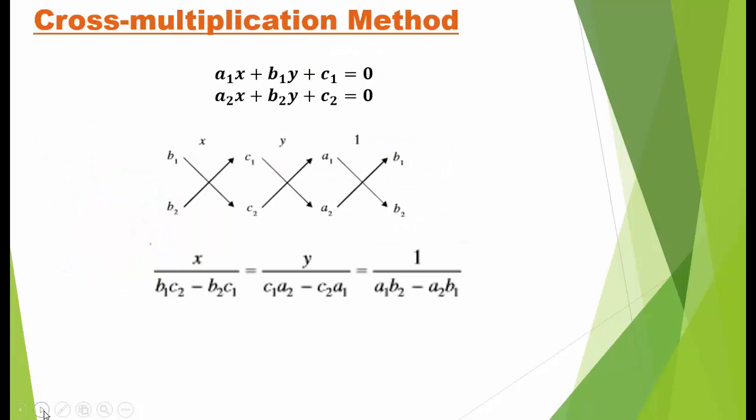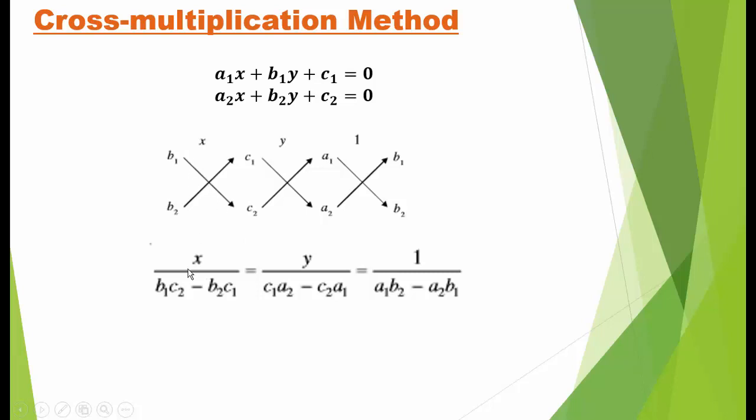In the last class we discussed the cross multiplication method in which we first write the coefficients of y like this, b1 and b2, then the constant terms, then the coefficients of x, then again the coefficients of y. In the middle of these two terms we will write x, and in the middle of these we will write y, and here 1. Then to find the value of x and y, we just cross multiply.